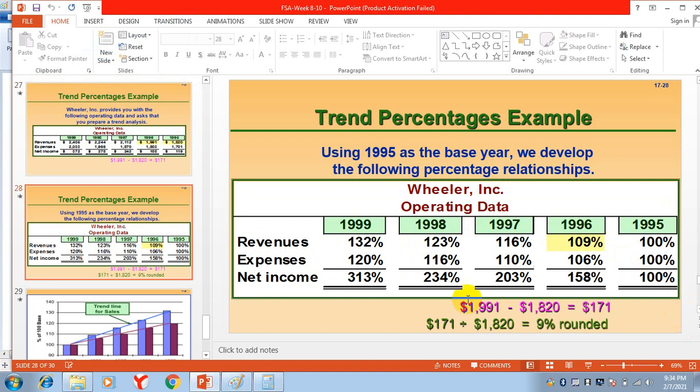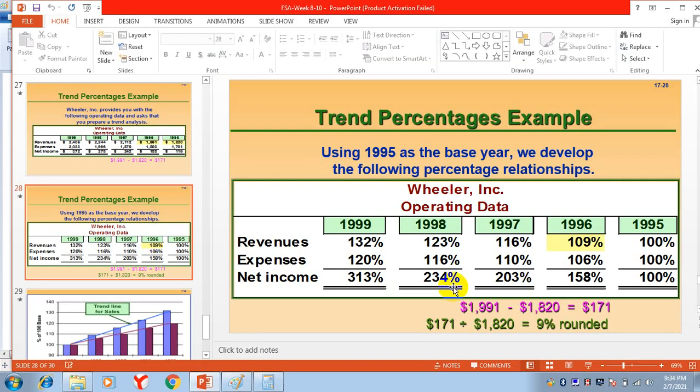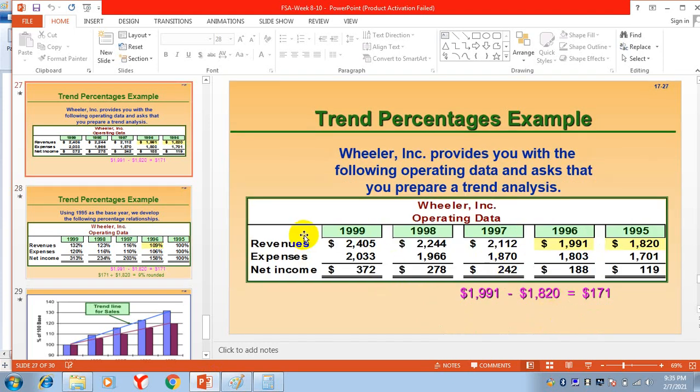Look at this, 23% is the increase, so it becomes 123%. I'm using the same formula: current year minus base year divided by base year multiplied by 100. Similarly for this, again, current year minus base year divided by base year.